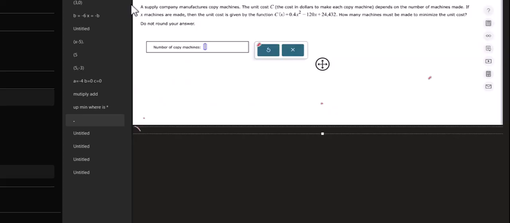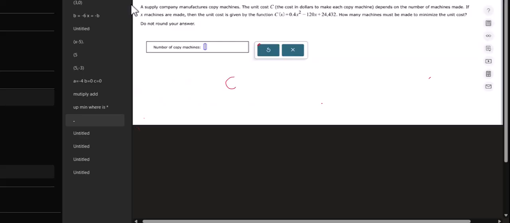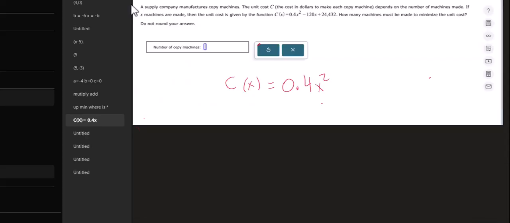If x machines is made, the unit cost is given by the function. So they give you the cost function. You don't need to worry about where it comes from. It's given. 0.4x squared minus 120x plus 24,432. How many machines must be made in order to minimize the unit cost?